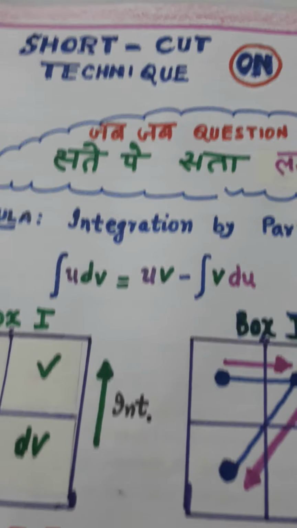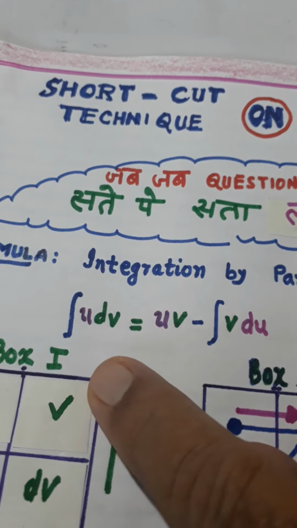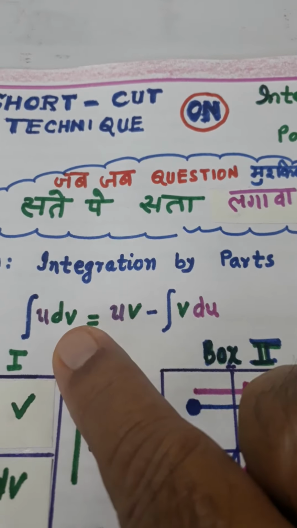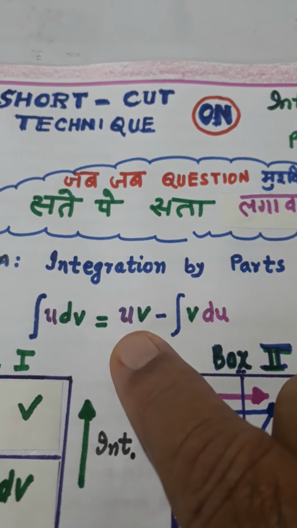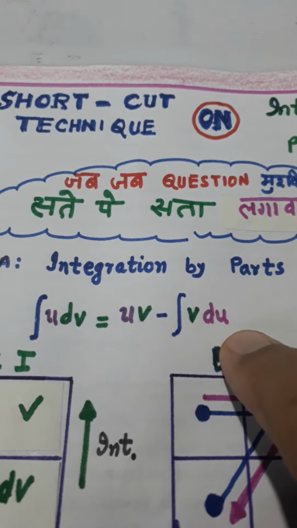The formula, as you know, is integration of u dv equals uv minus integration of v du.